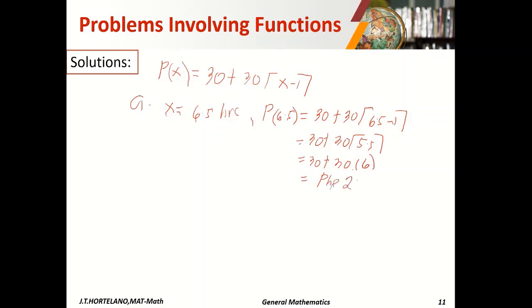So, 210 pesos. So, for letter B, we have X is equal to 15.75. So P of 15.75.